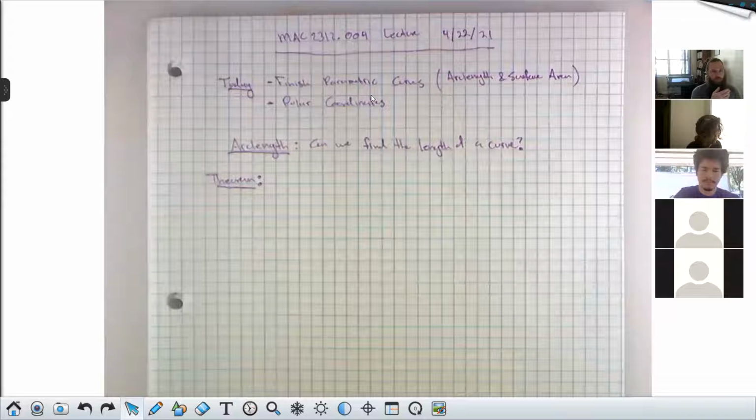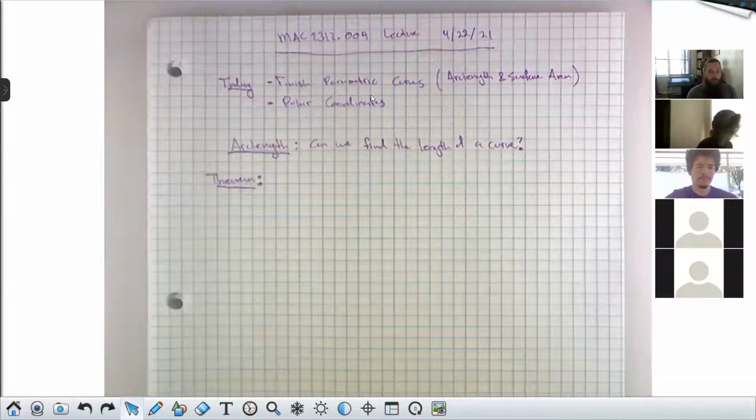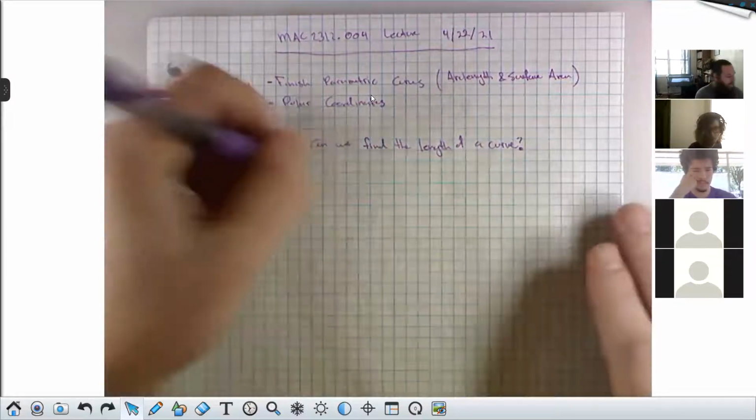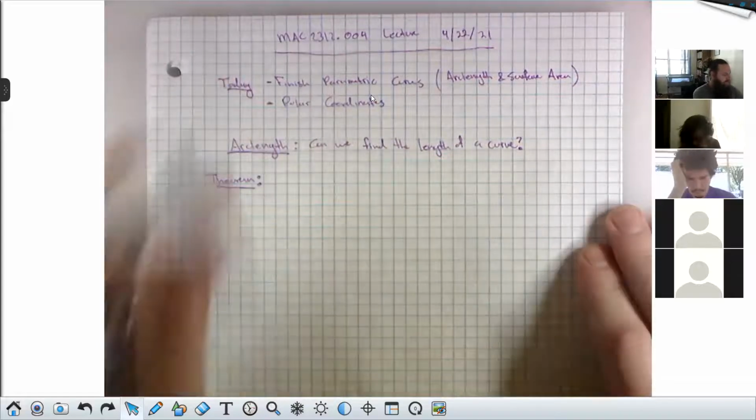You can use this theorem right away on any curve given parametrically. If you're given a curve that's not in parametric form, like y equals f of x, you would parametrize it and then use this form. So you can use this theorem to find the length of any curve, even the ones we were studying earlier in the semester. But I'm going to phrase it as though it's given as a parametric curve.